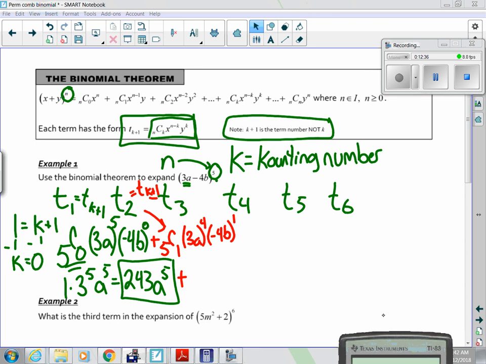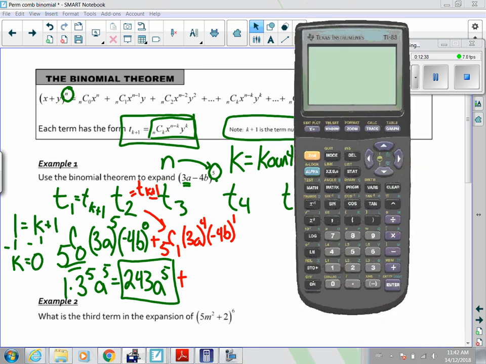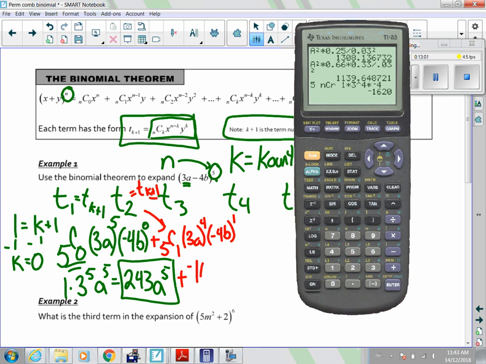You know what? I'm not even going to trust my mental math on this. I'm just going to rock it right out on my calculator. So 5C1 times 3 to the 4th times negative 4. So that's negative 1620 a to the 4th, b to the 1.